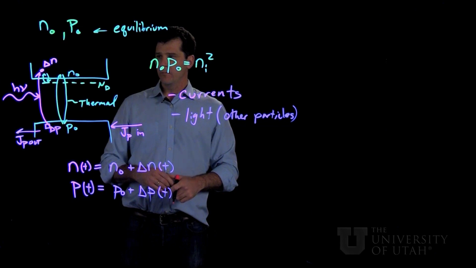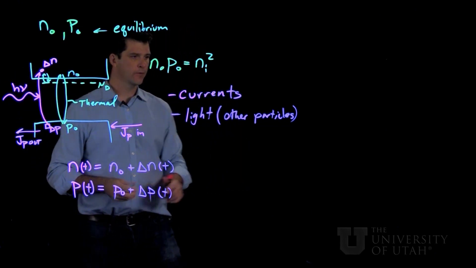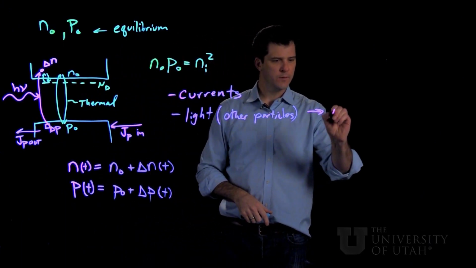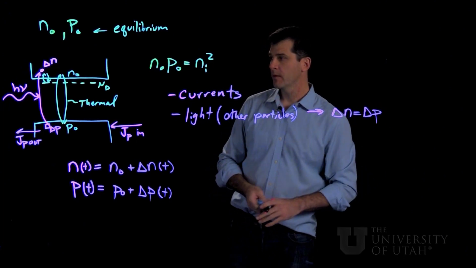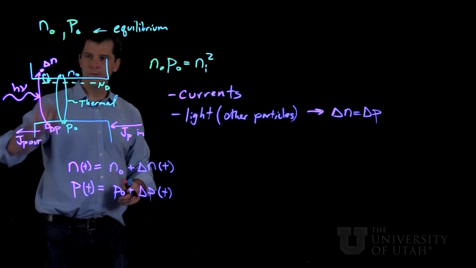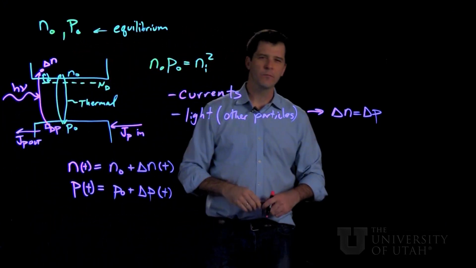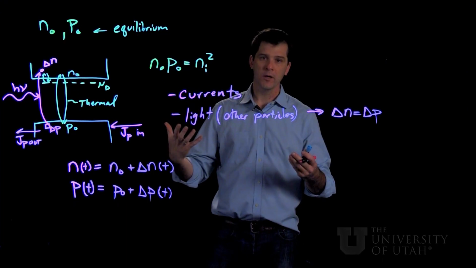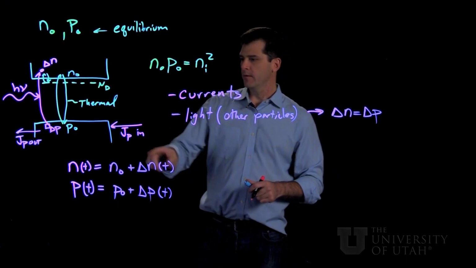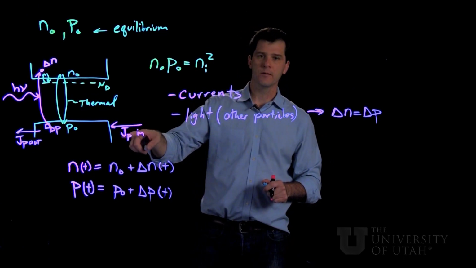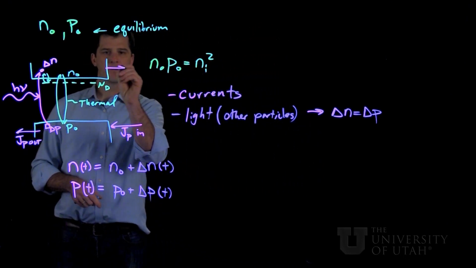Now, for processes like this one, where light generates the excess carriers, we can always know that delta n is going to equal delta p. And that's because we generated one hole and one electron when one photon was absorbed. In terms of currents, this may not be the case, because it is possible, especially in heterostructured semiconductors, to have current carried entirely by holes or entirely by electrons.